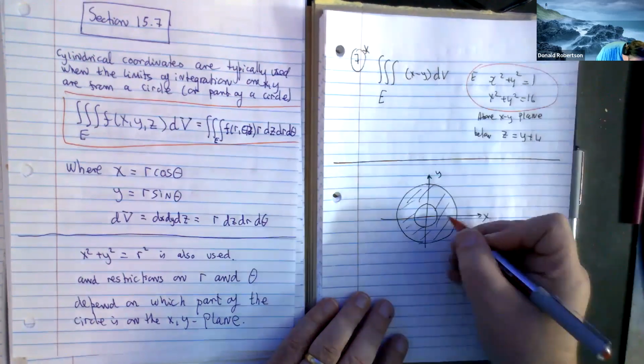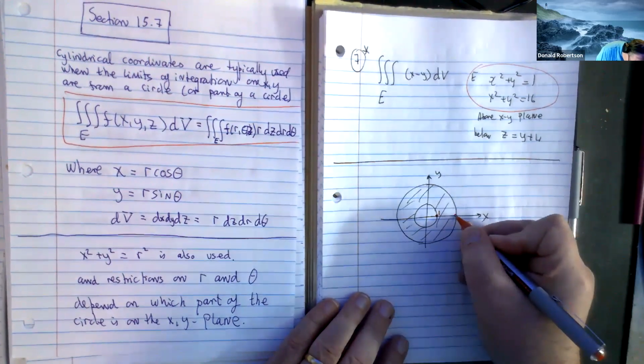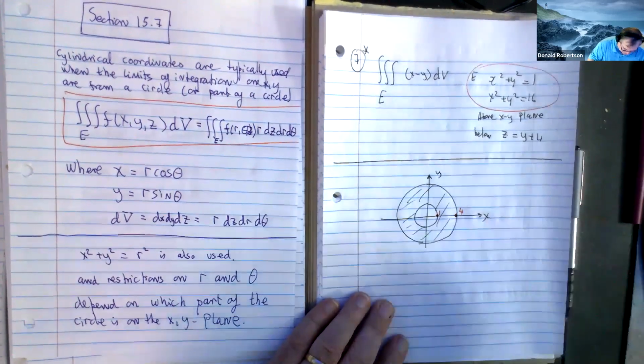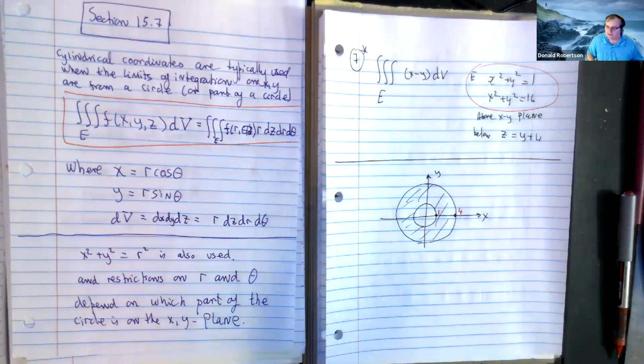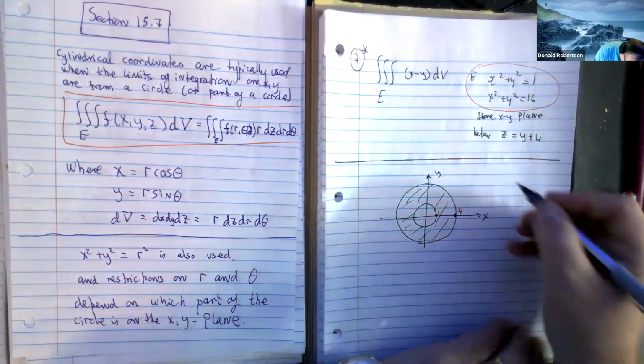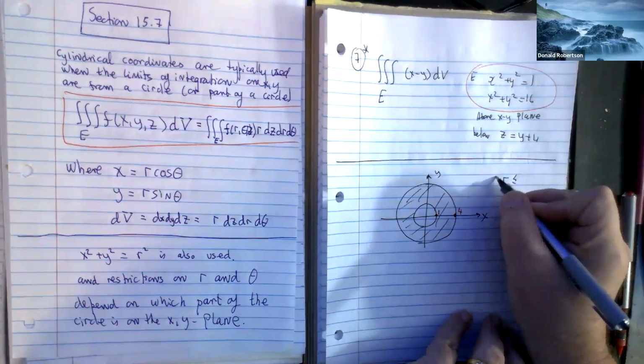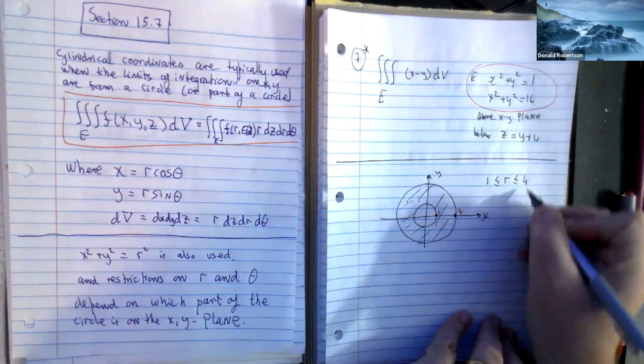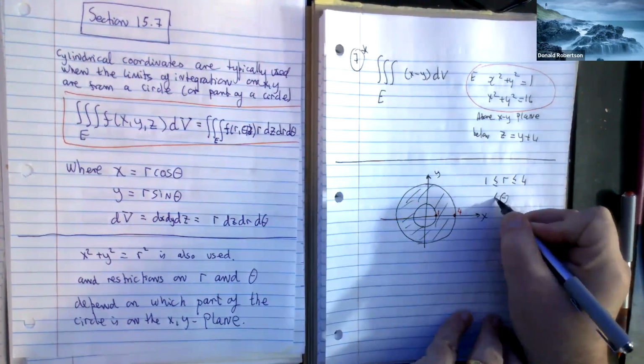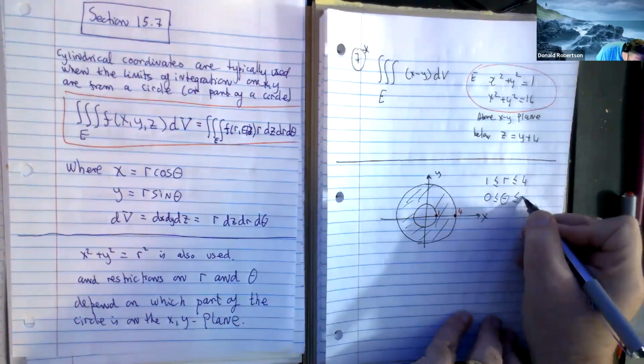The circle has a radius of 1, and the other circle has a radius of 4. So there's no first octants or y is positive or anything else to restrict it. So I know that r is going to go from 1 to 4, and theta is going to go all the way around, so it's 0 to 2 pi.